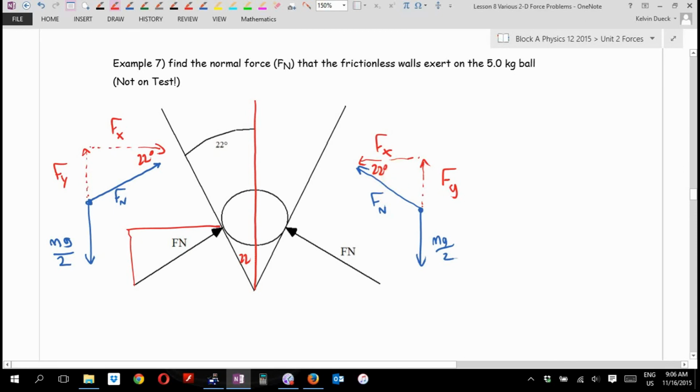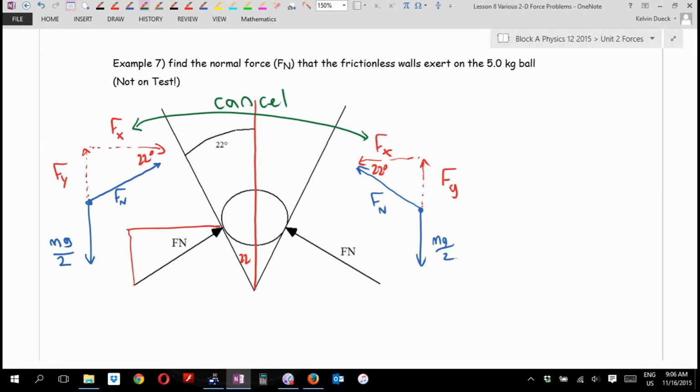And my argument is these two here, they cancel each other. Part of what the normal force is doing is pushing sideways against itself from either wall. If you don't believe me, use your imagination. If the right-hand wall magically vanished, the ball would accelerate and fall that way.